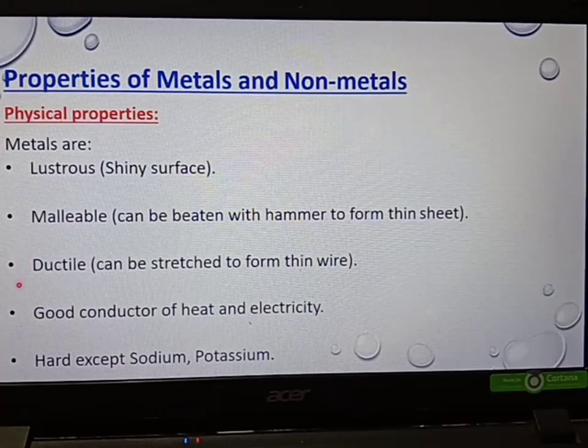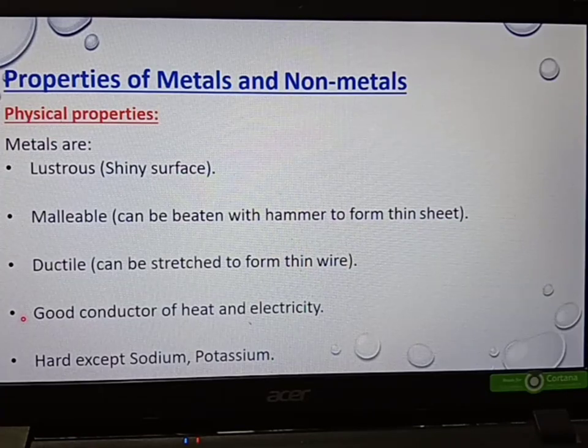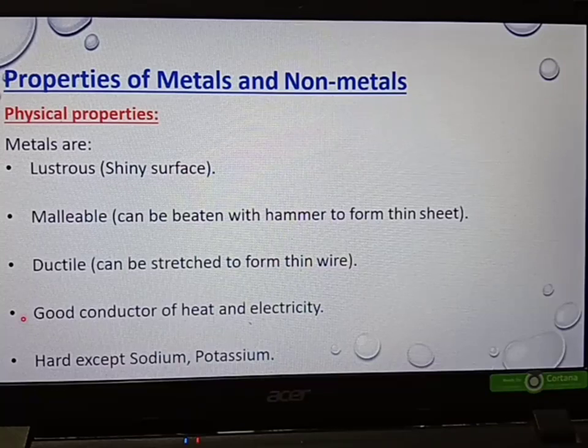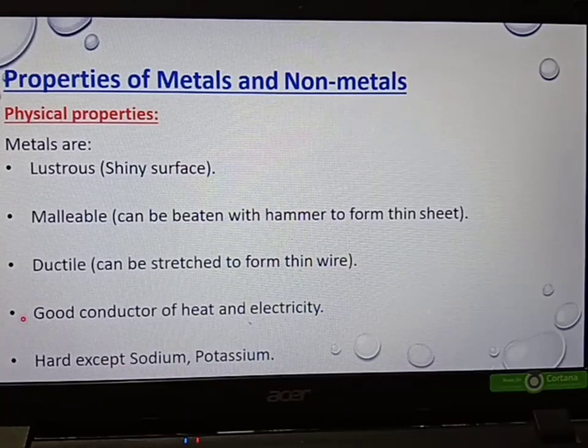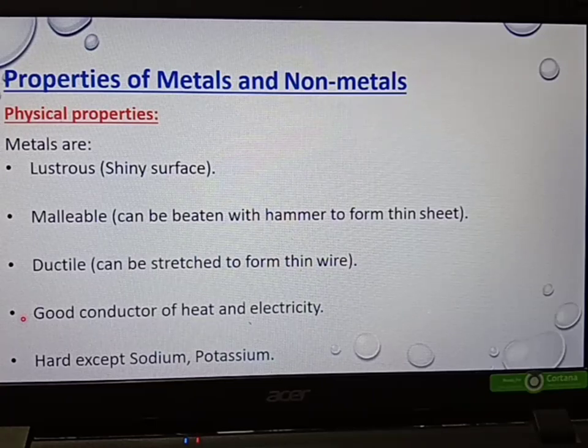Next, good conductor of heat and electricity. Metals allow heat to pass through them easily. For example, if you take one aluminium rod or iron rod and start heating one end of the rod, what will happen? The other end of that rod will also become warm because metals are good conductors of heat.